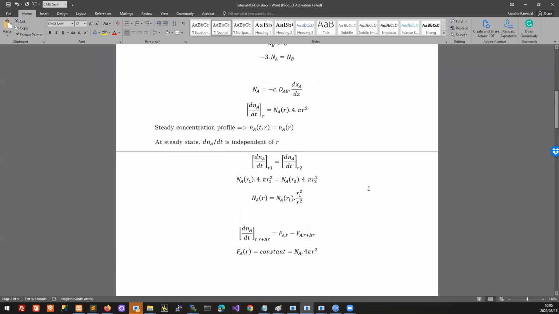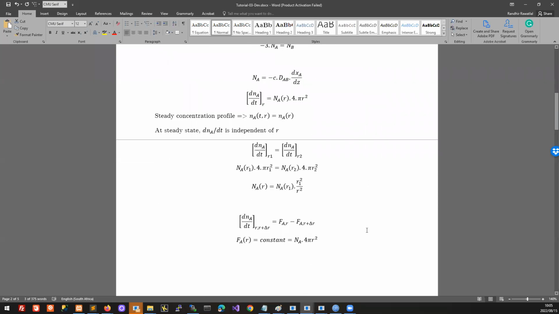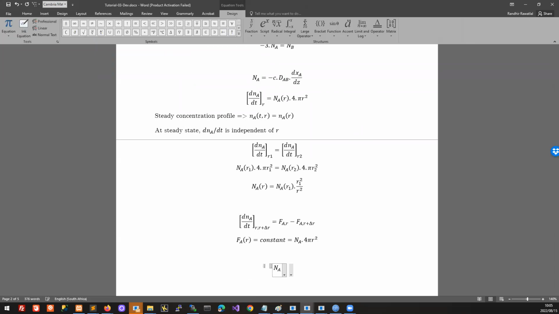Let's use our basic mole equation. So we know N_A is minus C D_AB dx_A/dr, plus x_A times (N_A plus N_B).